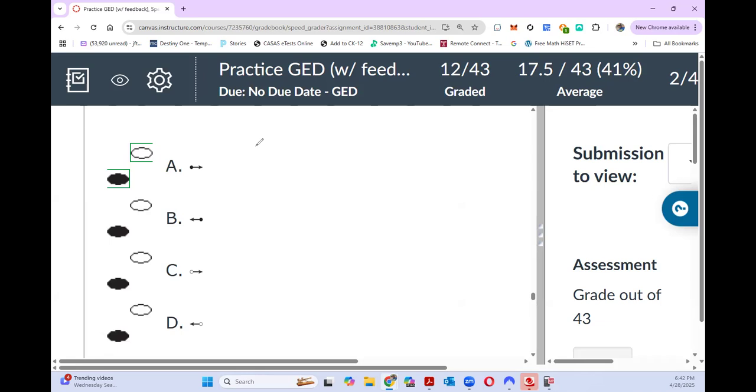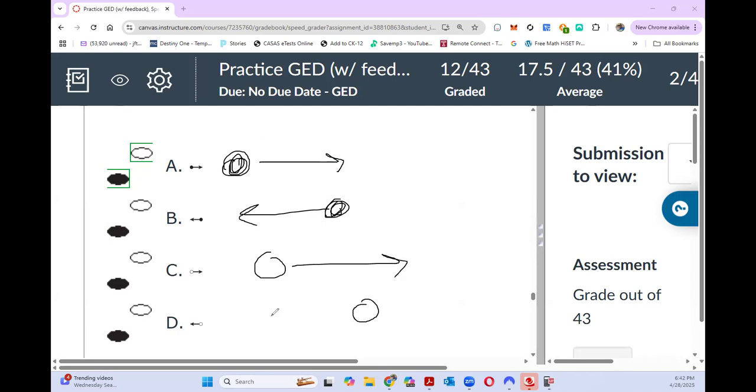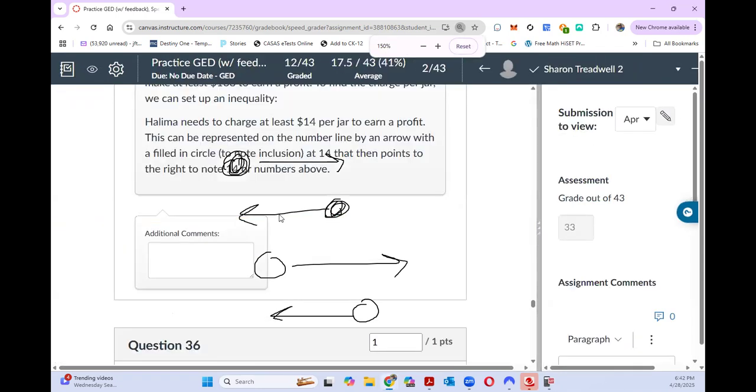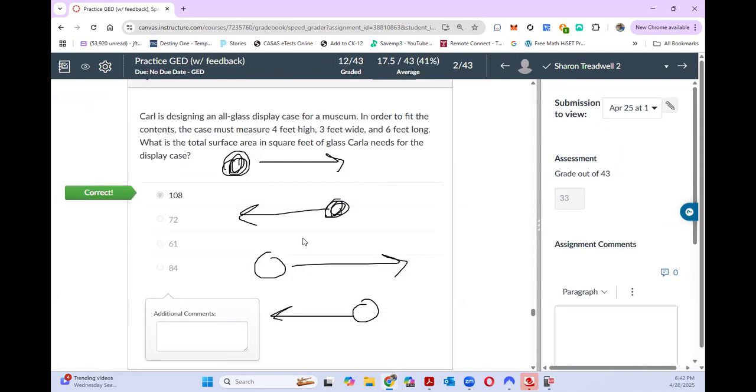So I got a solid circle with an arrow, a solid circle to the left, an open circle to the right, and an open circle to the left. Now this makes sense. Let me delete it. I didn't understand how to do it, I'm going to show you right now.